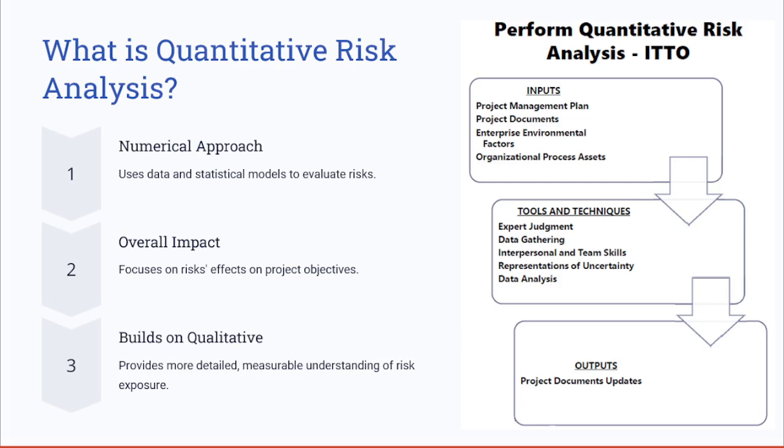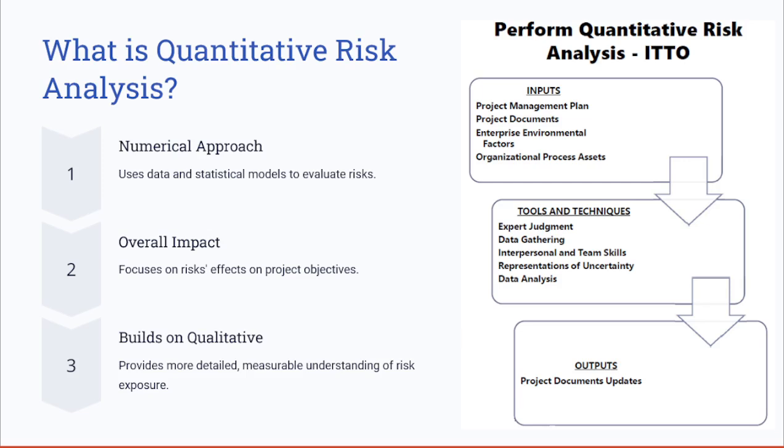To start, first let's understand more about quantitative risk analysis. Quantitative risk analysis involves the use of numerical data and statistical models to evaluate the overall impact of identified risks on the project objectives. It builds on insights gained from qualitative analysis by providing a more detailed and measurable understanding of the risk exposure.